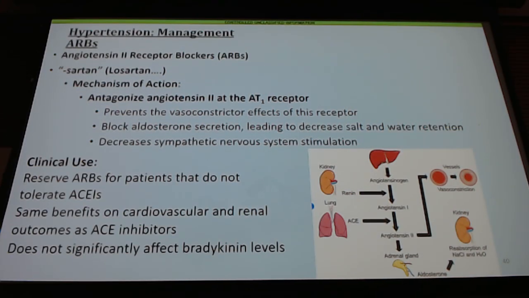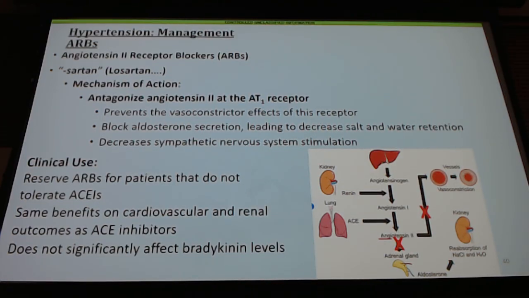When we talk about the cousin ARBs, the mechanism of where this works is actually one step lower from the ACE inhibitor, and now you see that you're blocking angiotensin 2's action on the blood vessels, so you don't get that vasoconstriction anymore.